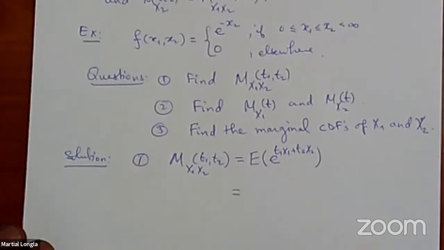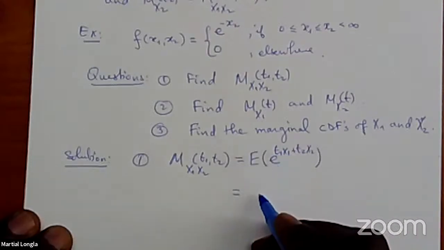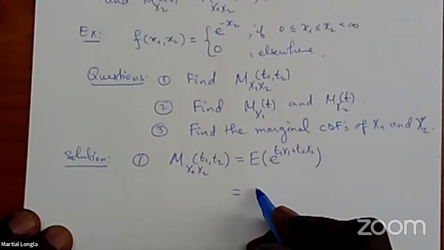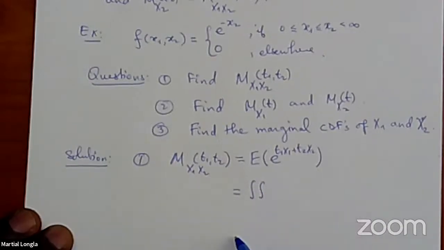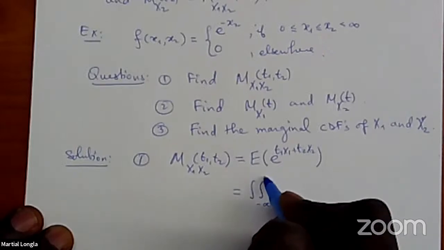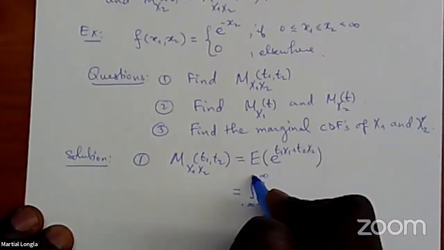In order to write down the formula for this, first let's say this is, by definition, the integral from negative infinity to infinity, negative infinity to infinity, right?